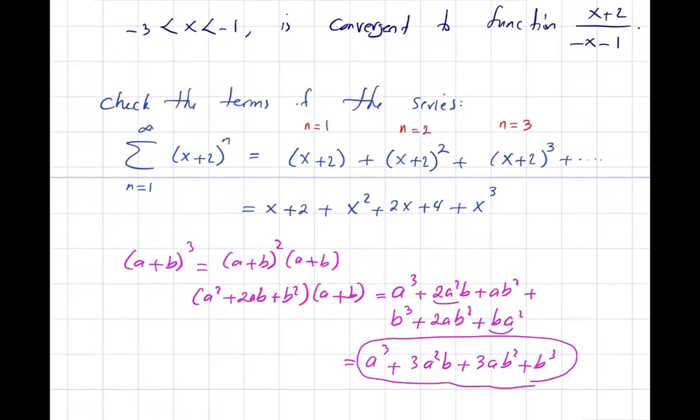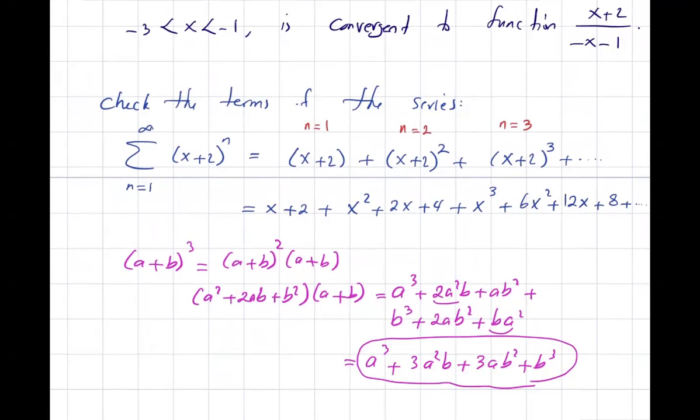So you get x cubed plus 3x squared times 2, which is basically 6x squared, and then you have 3 times 4, which is 12x, and then plus 2 to the power 3, which is 8, plus the rest of the terms. Don't forget to add the rest of the terms.